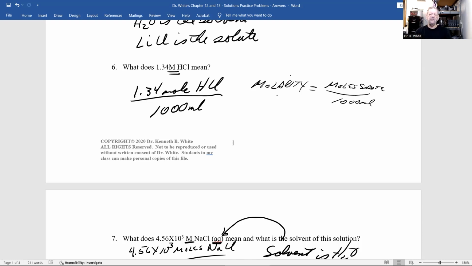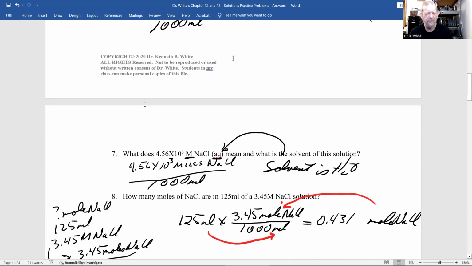And molarity is moles of solute. That's the chemical after the capital M per 1,000 milliliters. You could put around 1 liter too, but for this class, we use 1,000 milliliters. So this is what it means.